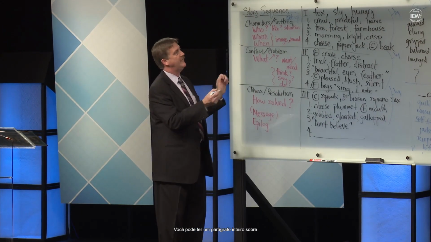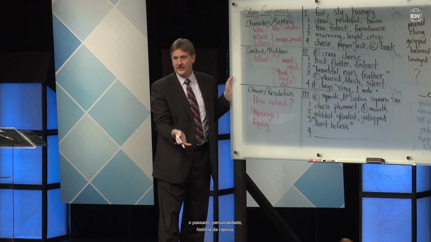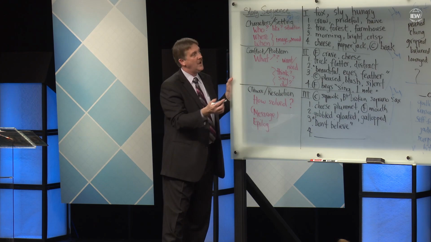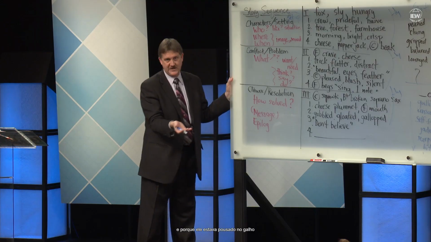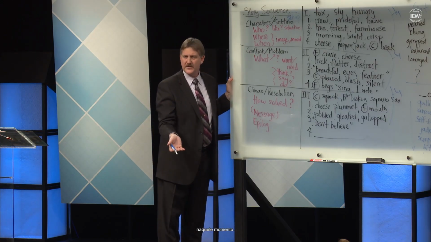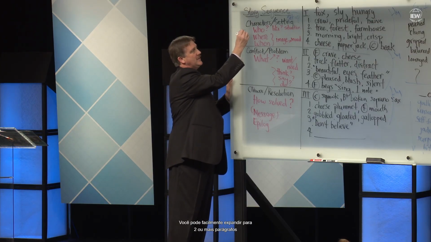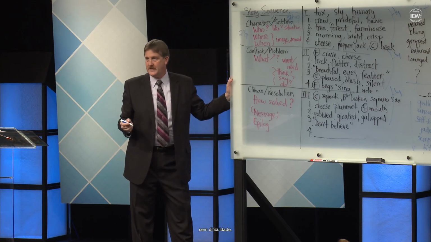See, you could have one entire paragraph about the fox, his background, his personality, his history, his therapist, and the problems he's worked through. You could have another entire paragraph about the crow and how she got the cheese and how she just happened to be sitting on the branch at that period of time, right? So you could easily expand that to 2 or more paragraphs without much difficulty.